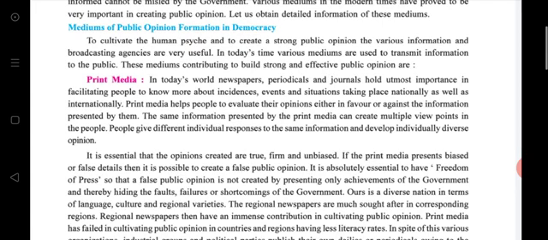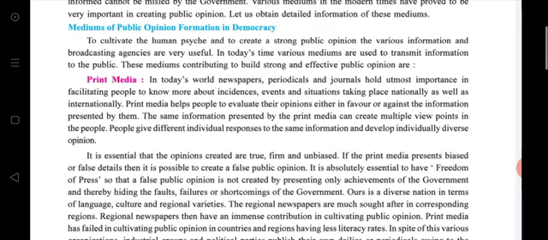We all read the newspaper and we all have different opinions about that event; some people are in favor and some people are against the information. So like this, print media is helpful to the public to evaluate their own opinion either in favor or against.